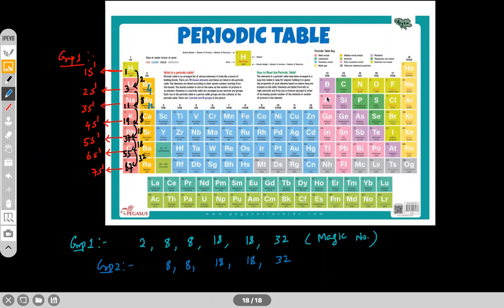Boron is 5, right? Aluminum is 13. So 5 plus 8, 13. 13 plus 8, that is 20. Just a second. 5 plus 8 is 13. 13 plus 8 we cannot write here, because here we have 10 d block elements present, right? So for group 2, it is this. If I write down for group 13 to group 17, this would be 8.